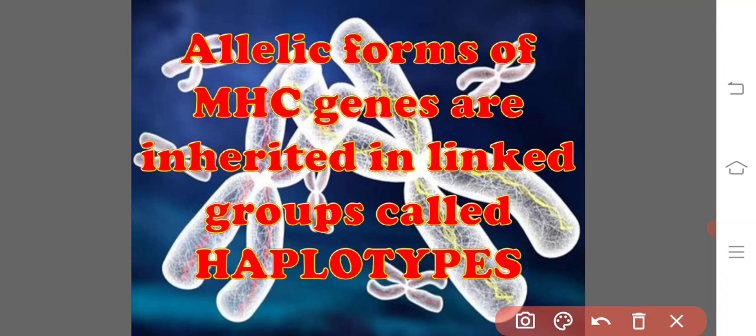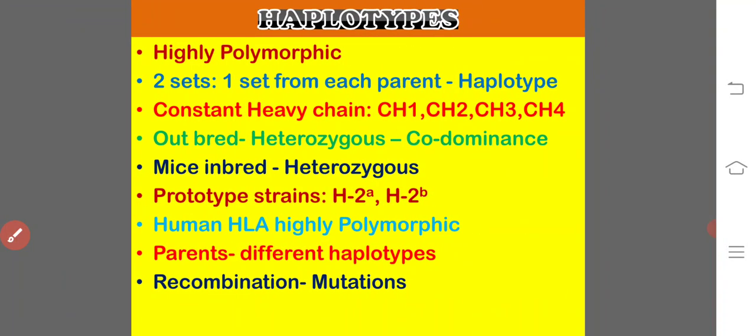And coming to the next one, allelic forms of MHC genes are inherited in linked groups called haplotypes. Here, the loci constituting the MHC are highly polymorphic. That is, many alternative forms of the gene, or alleles, exist at each locus among the population. Most individuals inherit the alleles encoded by these closely linked loci as two sets, one from each parent.